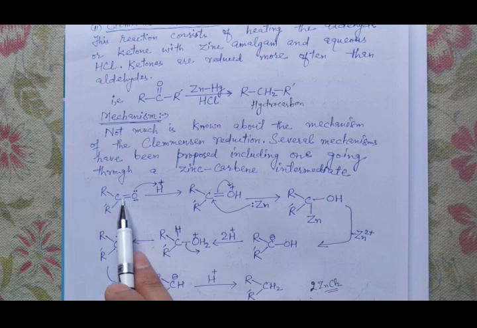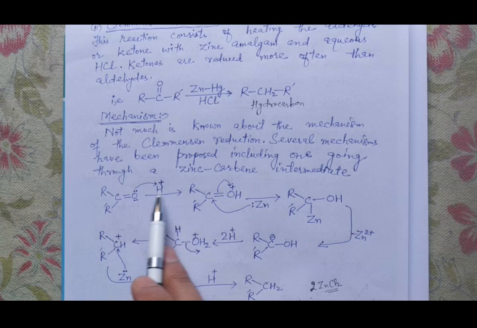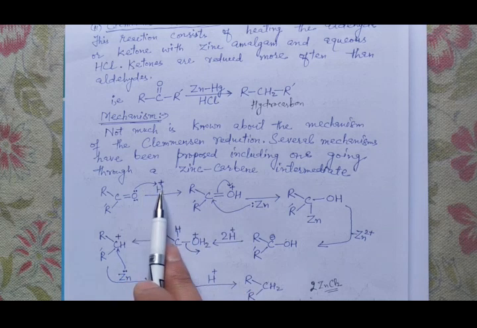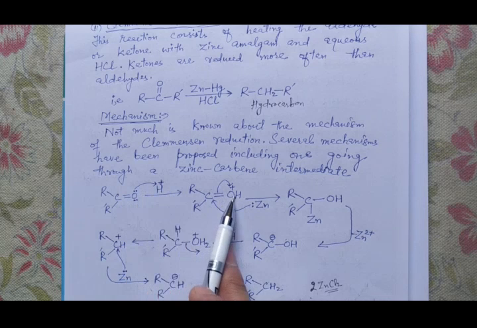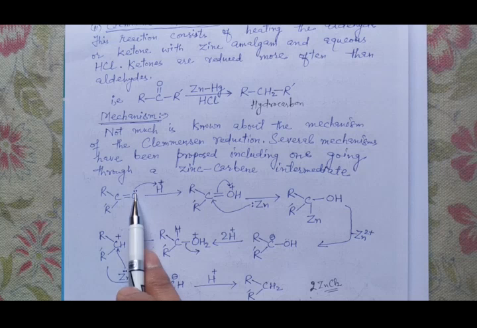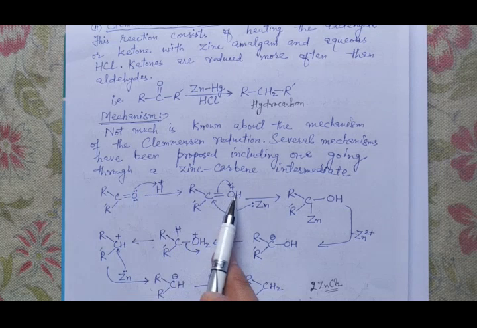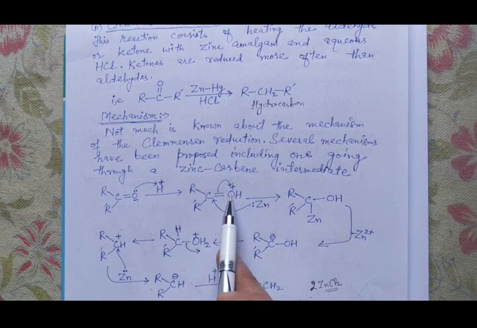The carbonyl group of this ketone molecule takes up a hydrogen, H positive or proton from the acid, by means of the lone pair of oxygen, and hence this is getting transformed into OH positive, because the lone pair of oxygen is being utilized for abstraction of proton. Hence positive charge generates on oxygen.